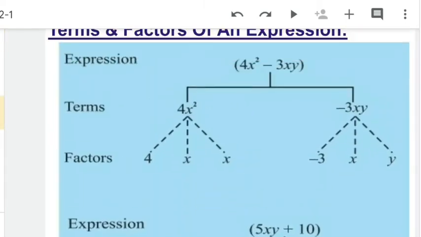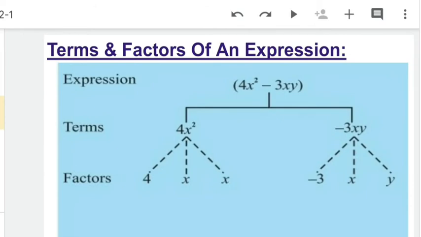Now let's move on to the next part, that is terms and factors of an expression. First we have to understand what is a term in an expression and what is a factor of a term. You can see an example here. This is an expression which is 4 multiplying with x square minus 3xy.